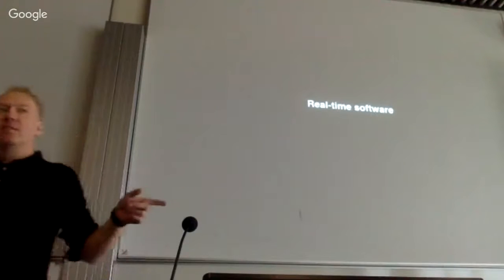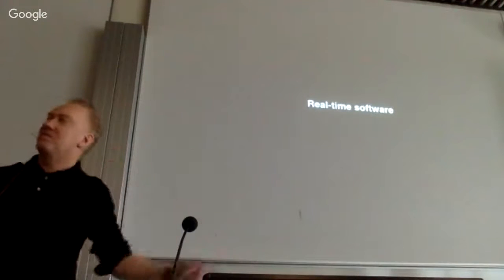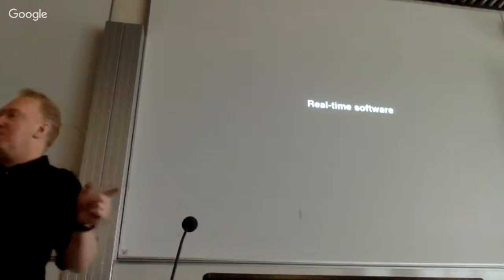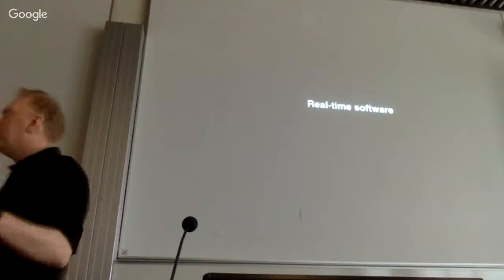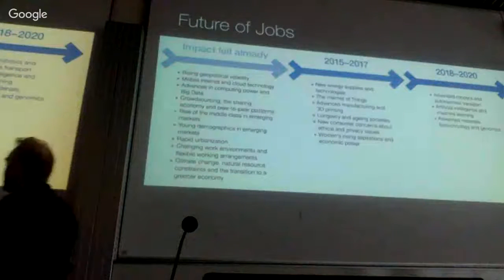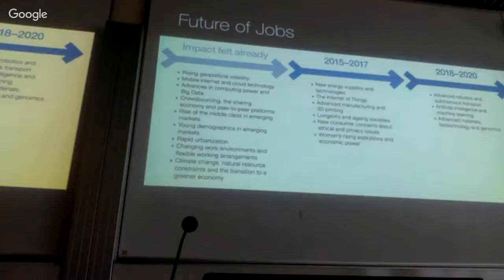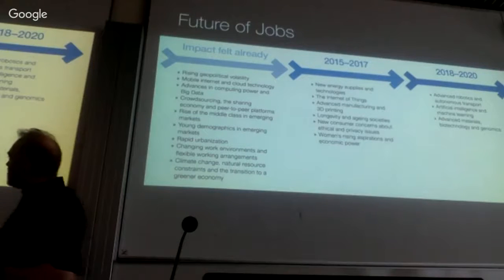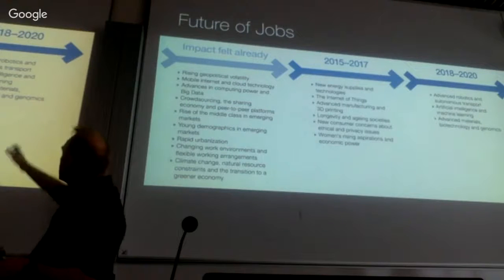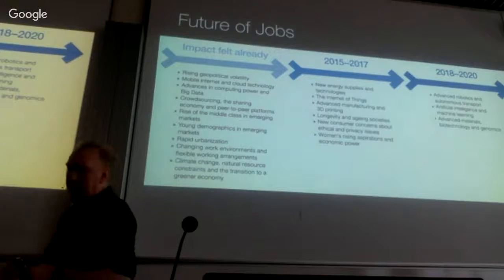And then the last question of the day is this. What is going to happen to people's jobs? So this is the report that came out earlier this week. So impact being felt, everything is changing. In the next 2 years, we will see 3D printing, new technologies like Internet of Things, and then more advanced.